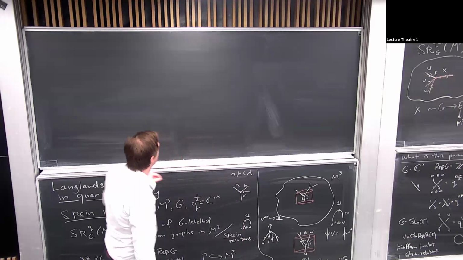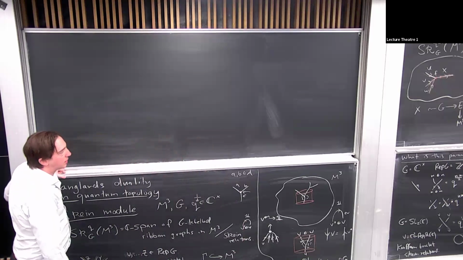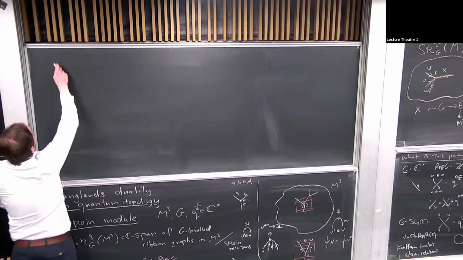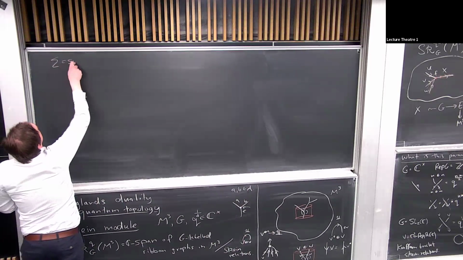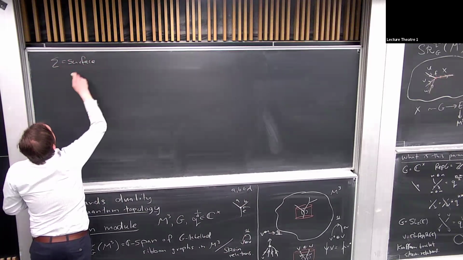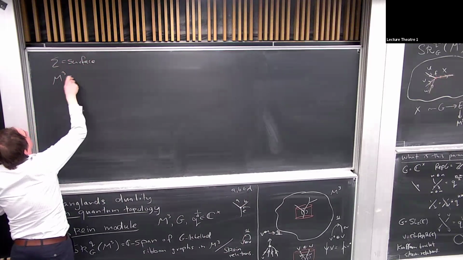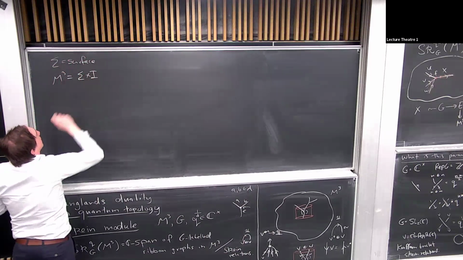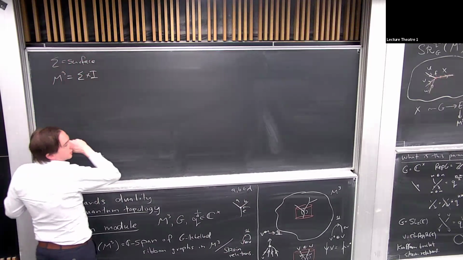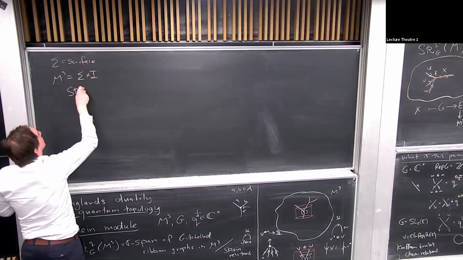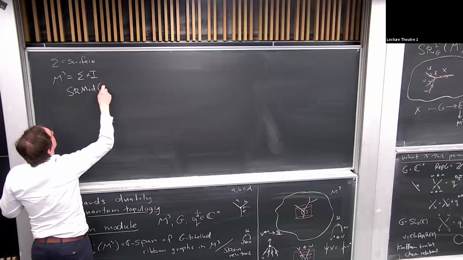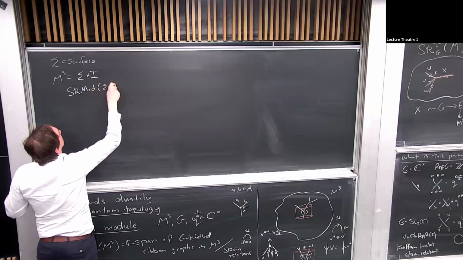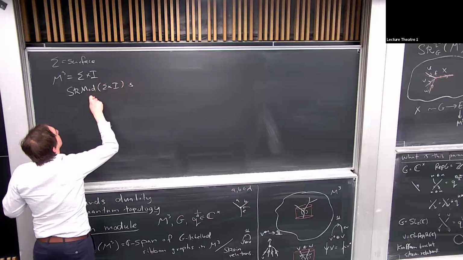So not exactly. I wouldn't say there's a weaker algebraic structure. If sigma is a surface, then we can consider the three-manifold which is sigma cross the interval, and this will have an algebraic structure. So the skein module of this thing is an algebra.